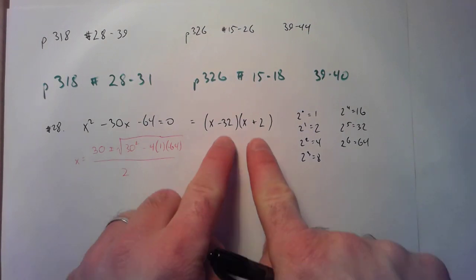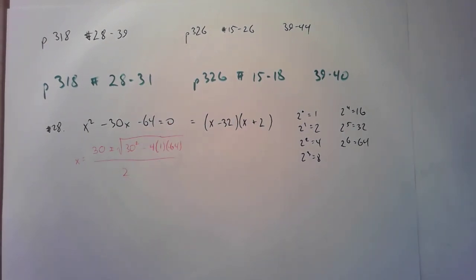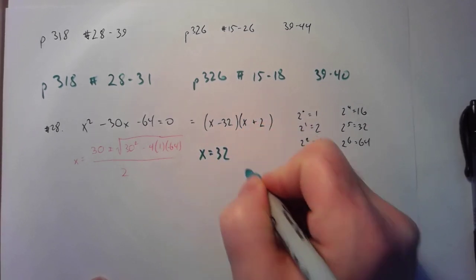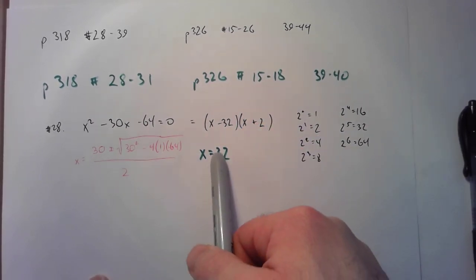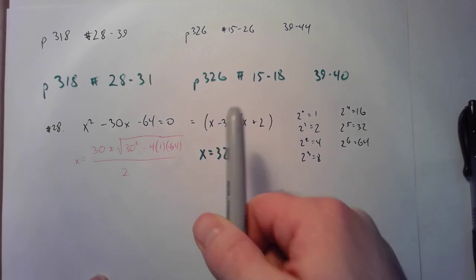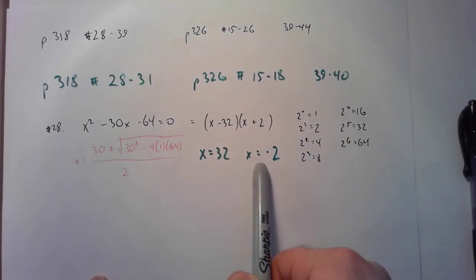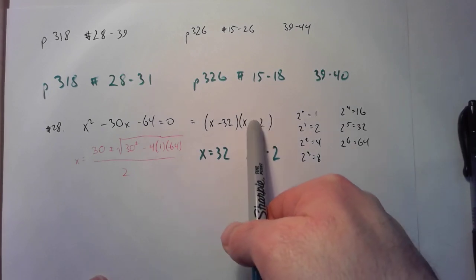So if that equals 0, then the solutions are x equals 32, because when x equals 32, that becomes 0, or negative 2, because when x equals negative 2, that equals 0.